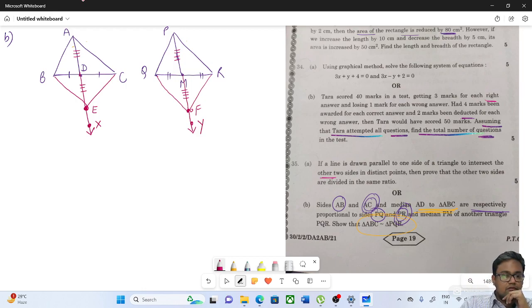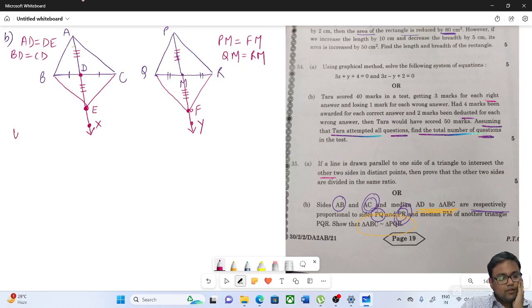So here children, AD is equal to DE and BD is given equal to CD. Remember, when the median D falls like this, AD intersects BC at its midpoint. And here PM is equal to FM and QM is equal to RM, right? So this is the construction we have made.